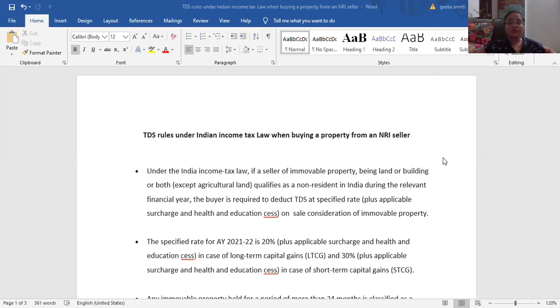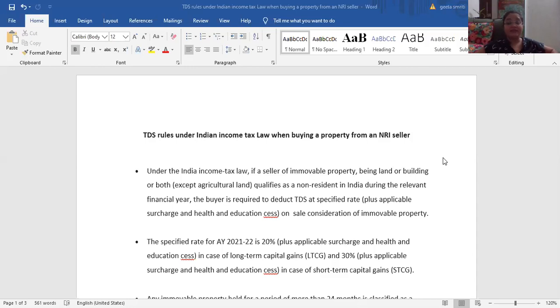And there is no specific threshold that the transaction amount should be greater than say 1 lakh rupees or 50 lakh rupees. Whatever be the transaction amount, whatever be the sale price, it does not matter, TDS is applicable when the seller is an NRI.